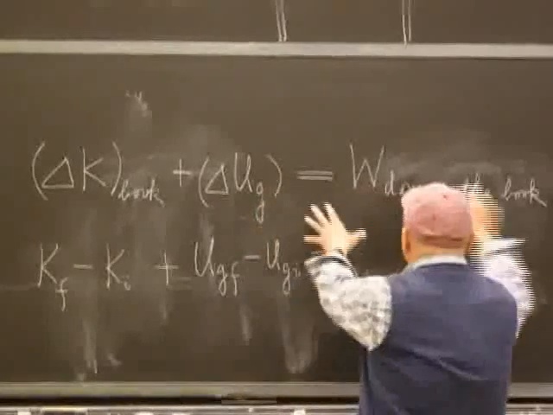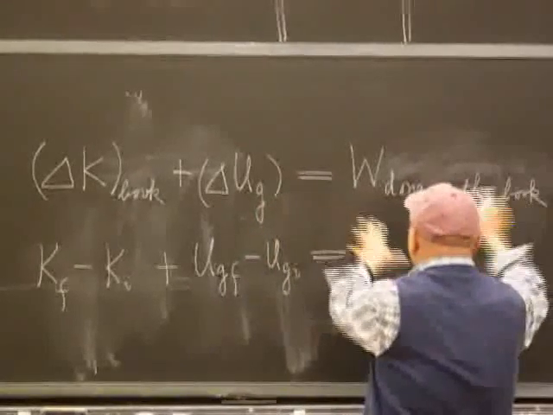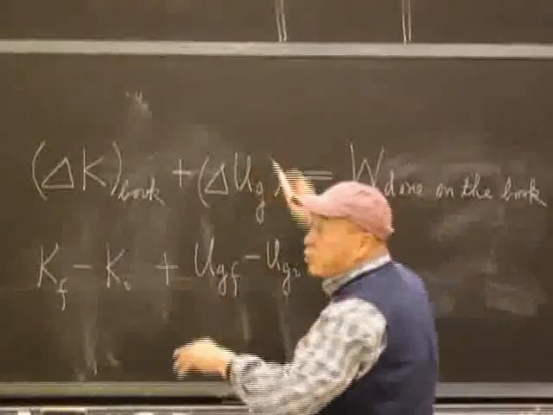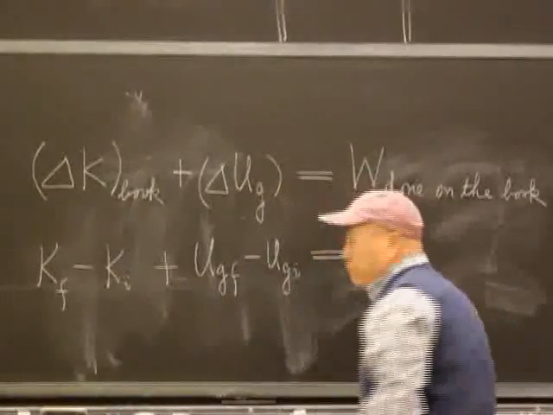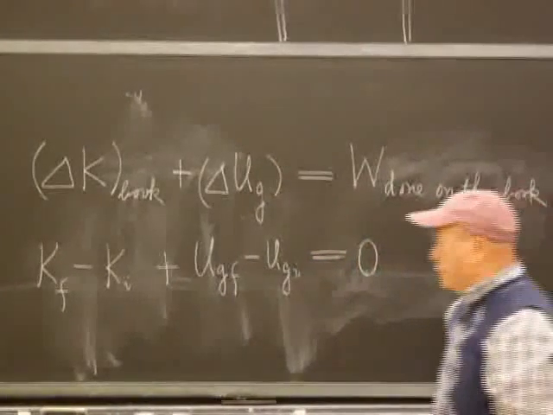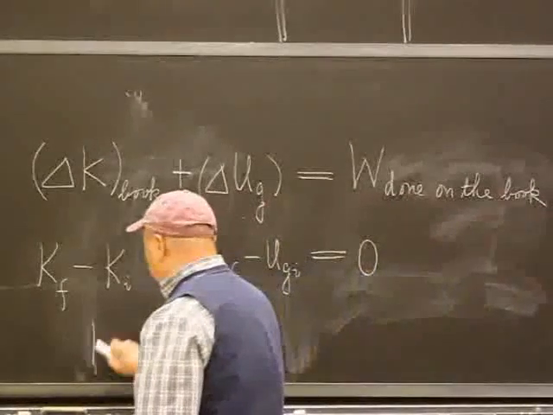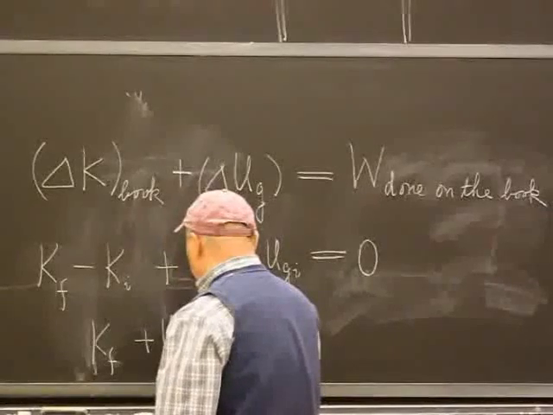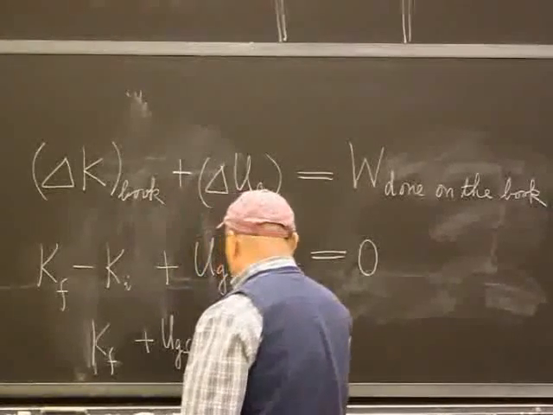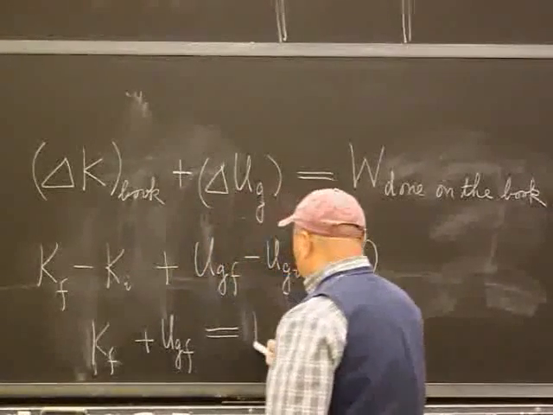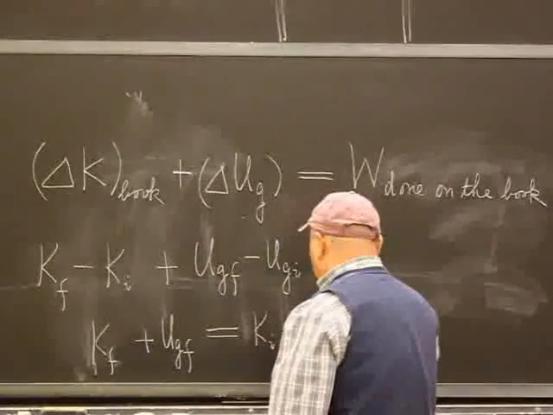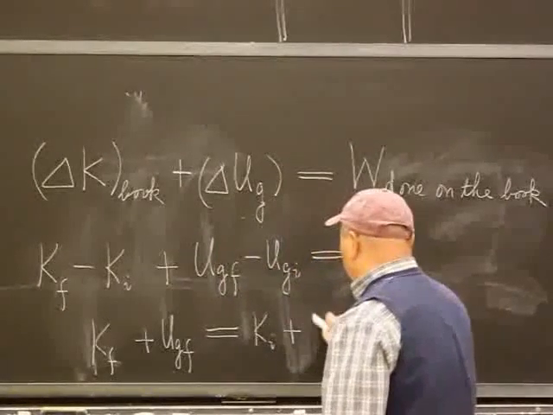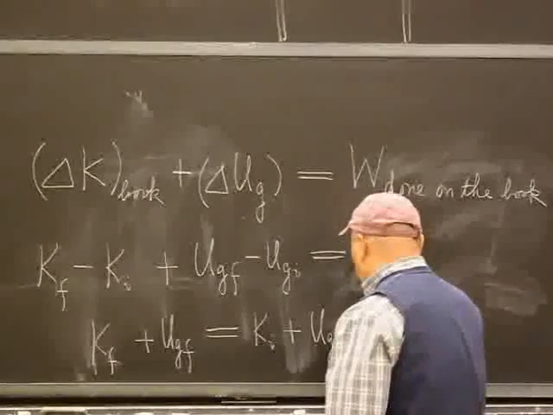Because there's no work being done on the system, on the boat, the isolated system is 0. If that's the case, then kinetic energy final plus UG final equals kinetic energy initial plus UG initial.